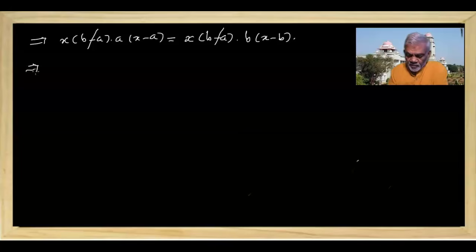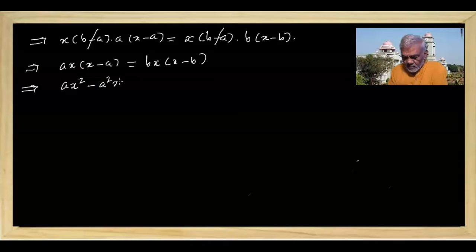We will get ax into (x minus a) is equal to bx into (x minus b), and that implies ax square minus a square x is equal to bx square minus b square x.